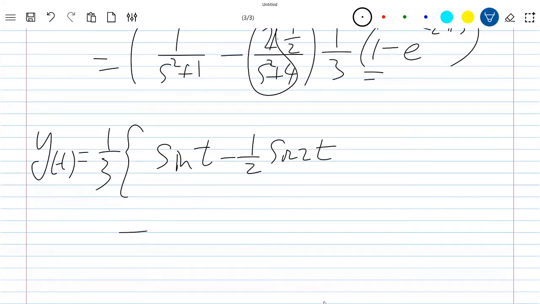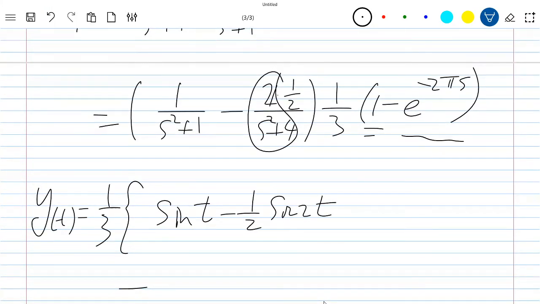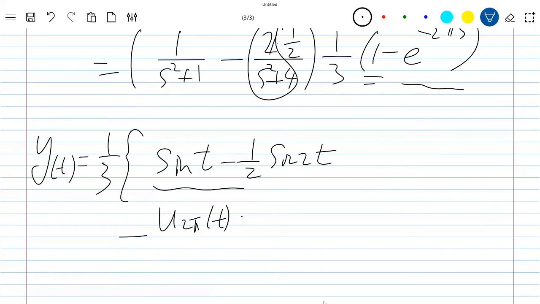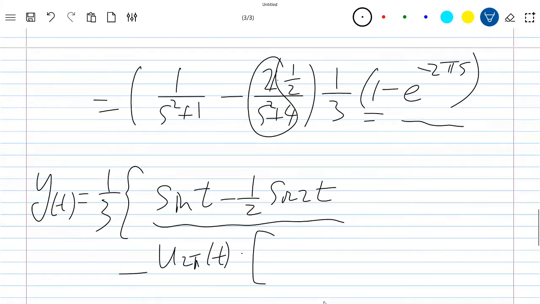Then for this part, where you have u of 2 pi of t, you have to do the same thing, but replace every t by t minus 2 pi.